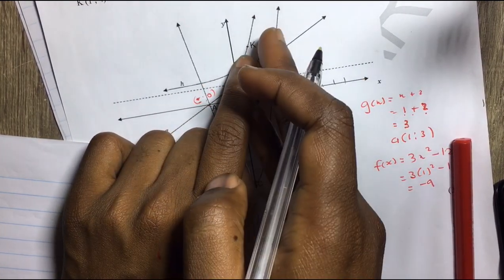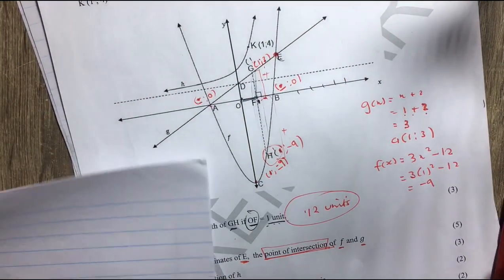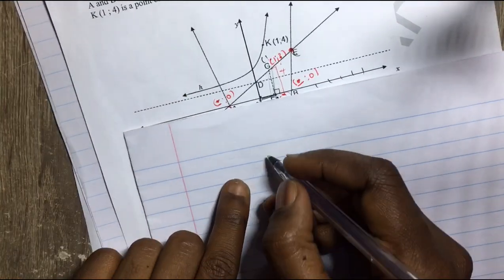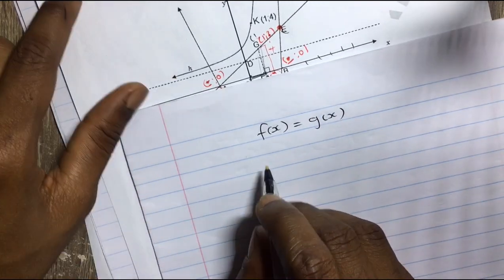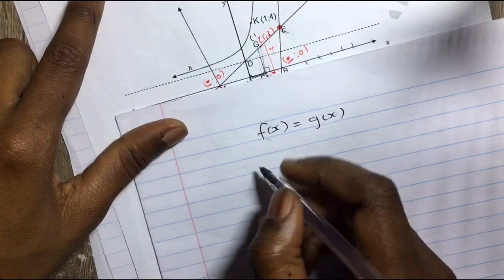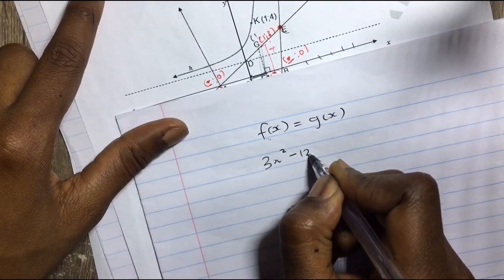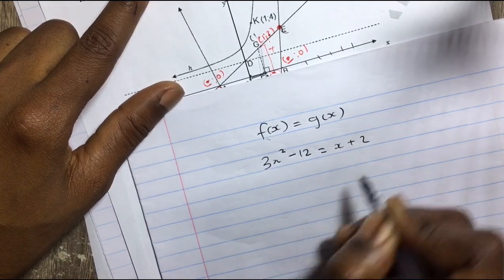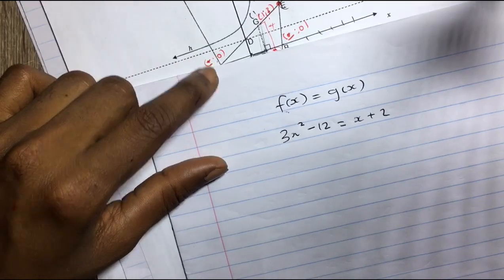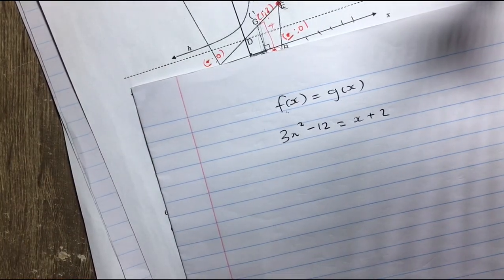So f of x and g of x, they share a point. So point of intersection means f of x and g of x are the same. What is the graph of f? The graph of f is 3x squared minus 12. What is the graph of g? The graph of g is x plus 2. Do you see it?